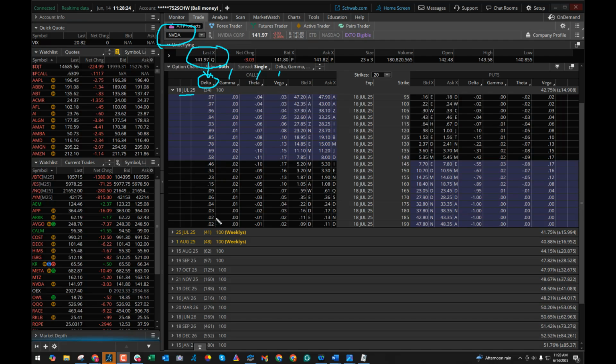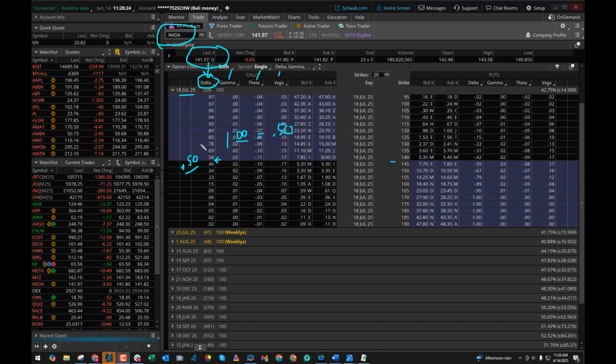So what that means is, if you had a delta of 50, say 0.50, so it would be somewhere right there, if you had a delta of 50 and NVIDIA goes up $1, that option would go up by 50 cents. If it had a delta of 50, you're going to get 50% of the movement of $1, if that makes sense. I'm trying to keep it pretty simple here, but that's the way it works. Again, it's a rough estimate here, but that's how it works.